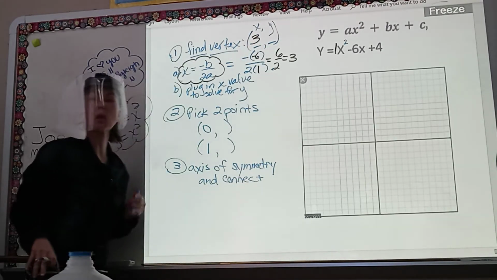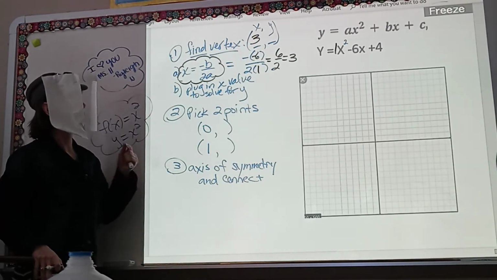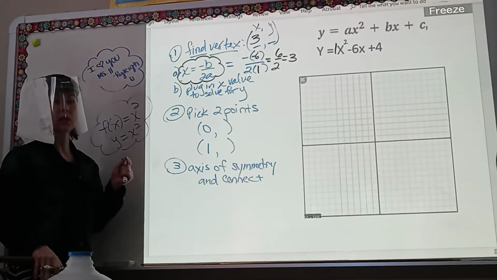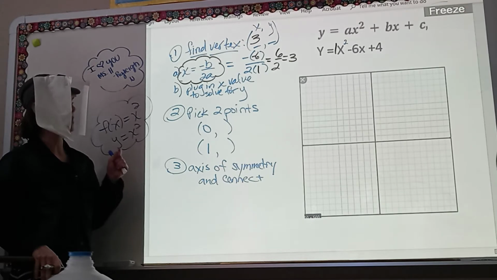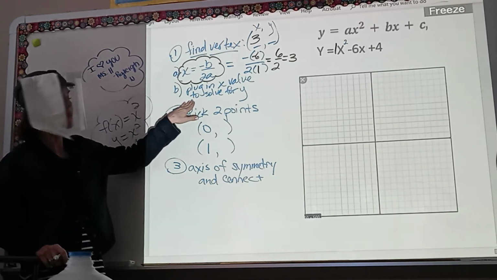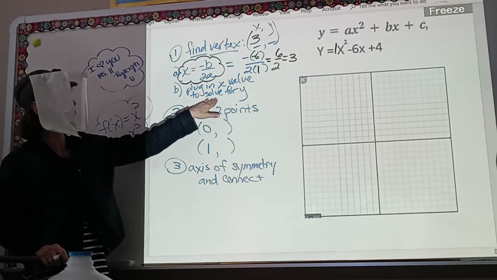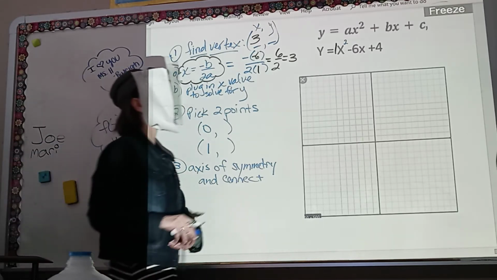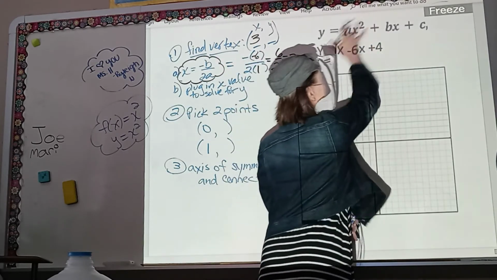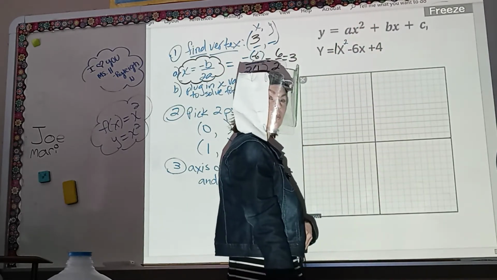Does anyone have any questions as to how we got the x value of our vertex? Because we're going to use that now to solve for y. So look at part B of step 1. Now you plug in that x value to solve for y. Where are we going to plug it in? See, y is equal to whatever the result of this is, you guys.